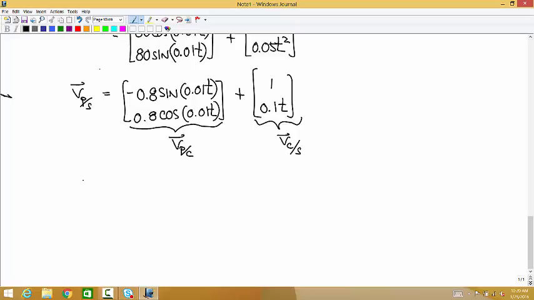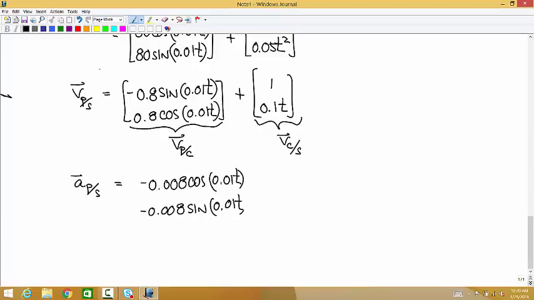And then the last one, the acceleration. The acceleration of the passenger with respect to the shore is equal to negative 0.008 cosine of 0.01t, negative 0.008 times the sine of 0.01t, 0, 0.1.